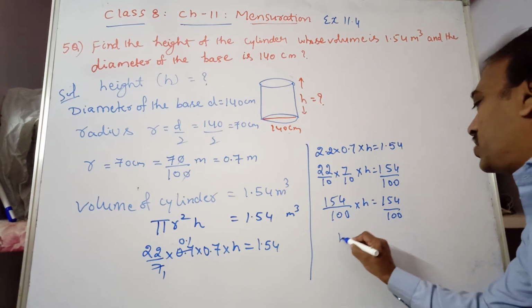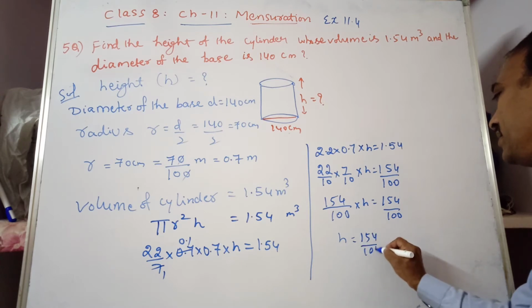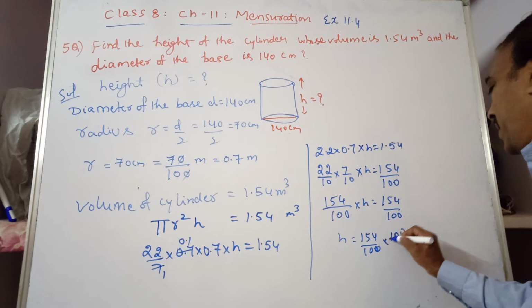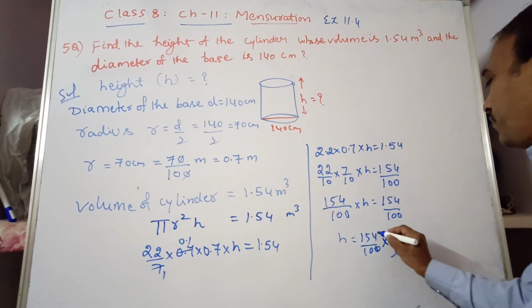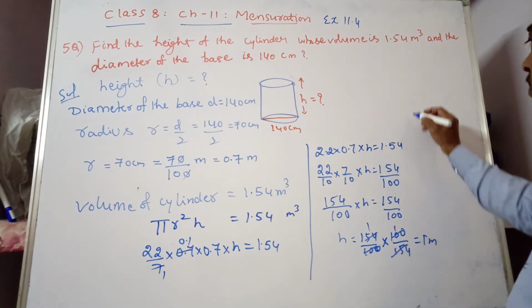Then h is equal to, when you transpose this side, 154 by 100, the reciprocal of this is into 100 by 154, which is equal to 154 ones are, 100 ones are, is equal to 1 meter.